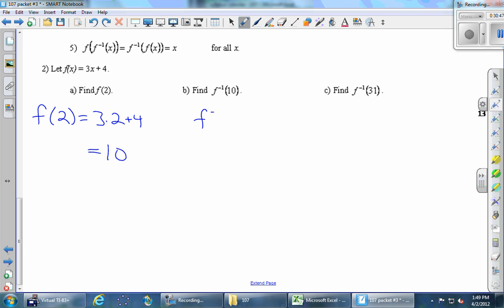You buy that? f inverse of 10 is 2. Because we know that a function going to its inverse, the input and the output just swap. Okay, so that was kind of easy because I said find f inverse of 10 right after I asked you to find f of 2, right? So what if we don't have the answer? f inverse of 31.